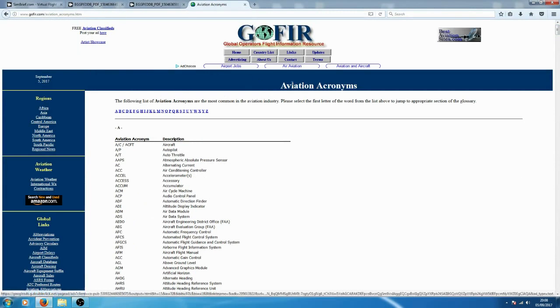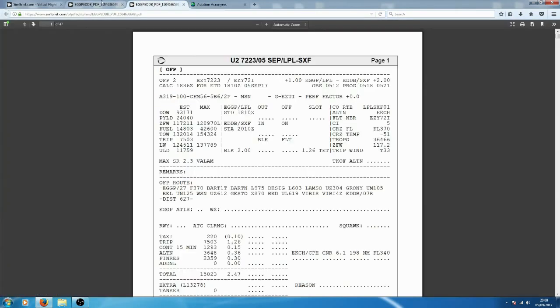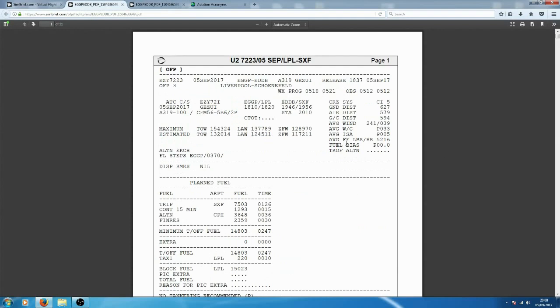All I have to do is type in airline phrase decoder, and then you can get many sites like this. This is a site I use to accurately look up what words mean in case I don't know it. In case you don't know it, then that's perfectly normal, don't worry about it.